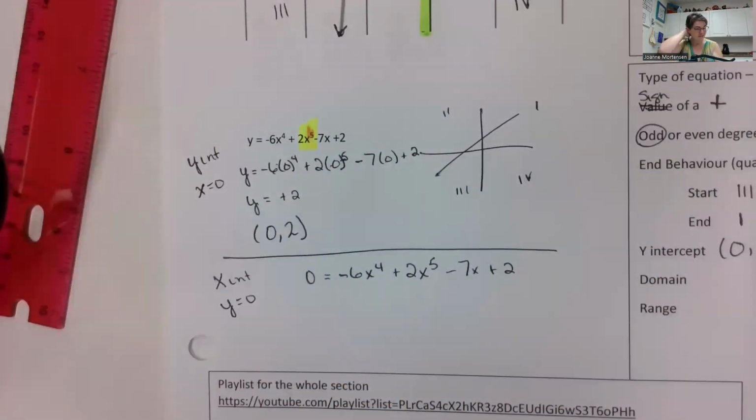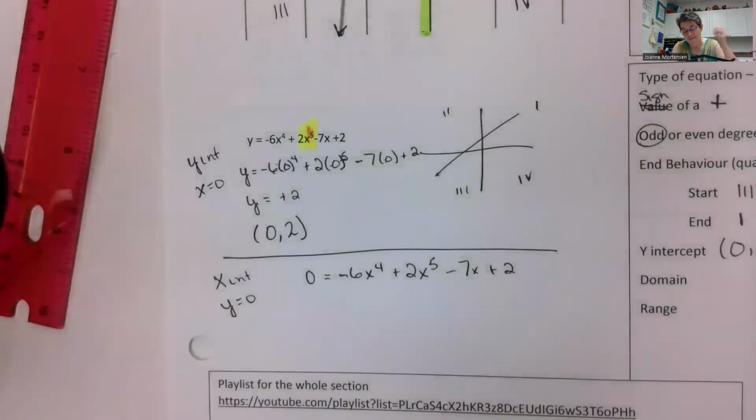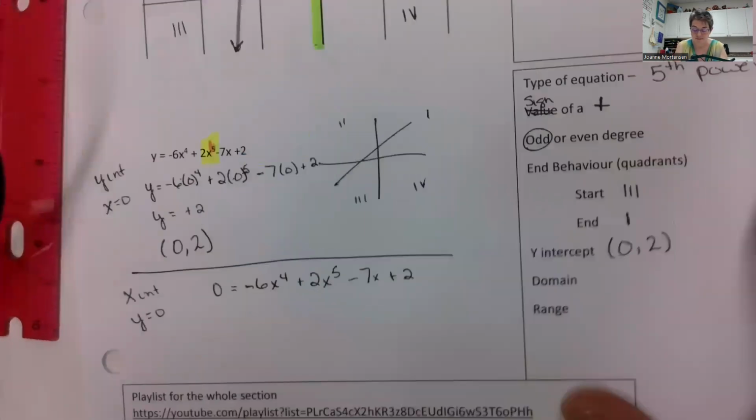So you'd have to figure out how to make that work. And to do that, you have to be able to factor it. And 1, we don't do factoring. And 2, I'm not even sure if this would factor because I just made up some numbers when I was making this question up. So I can always ask you the y-intercept. Sometimes I can ask you the x-intercept, which is where I'm going with that.